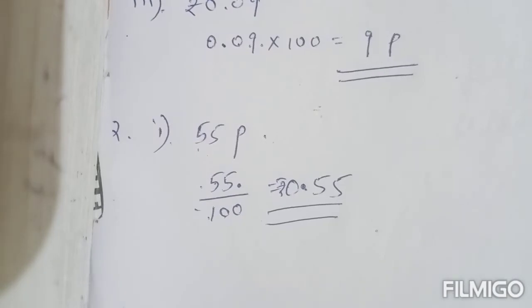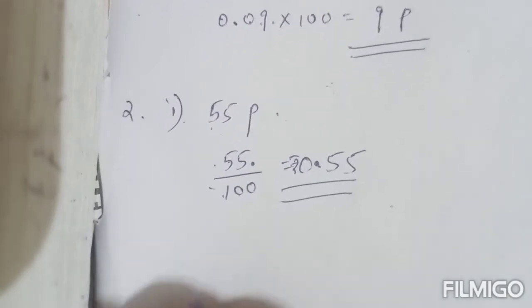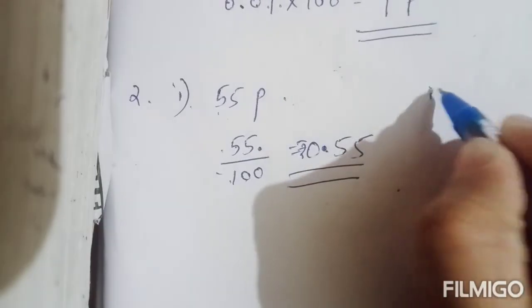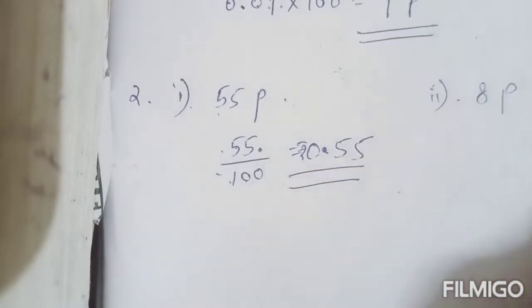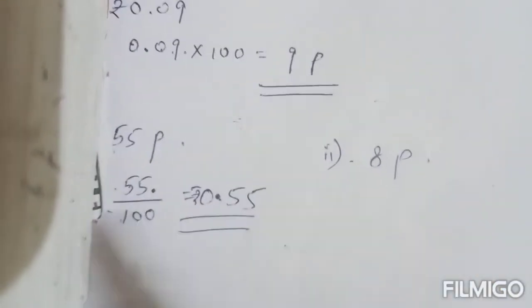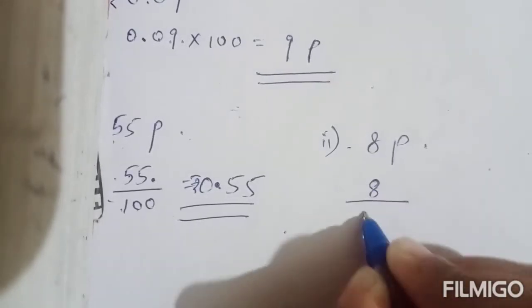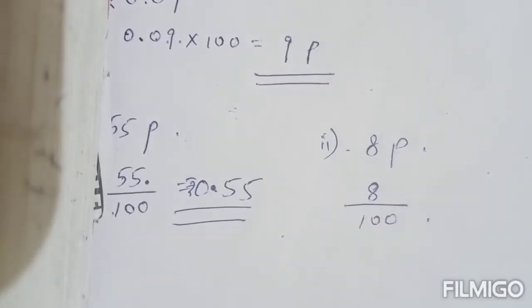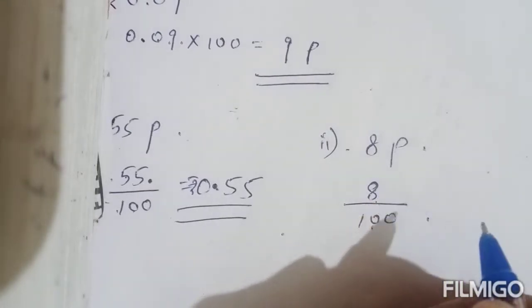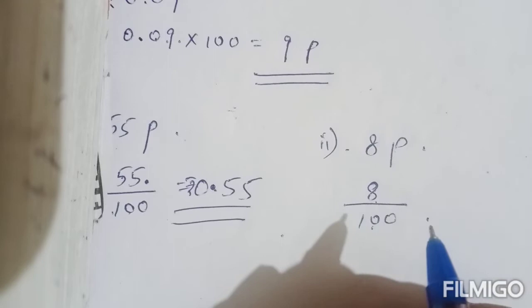Okay, now second one, 8 paise. So in order to convert paise to rupees, just divide the given paise by 100. 8 by 100. Division by 100, decimal point will move 2 places to the left.